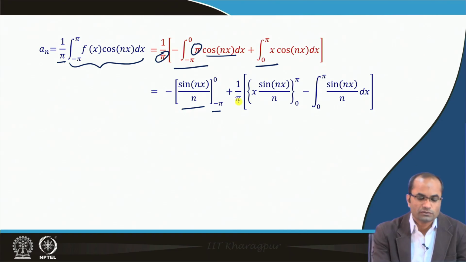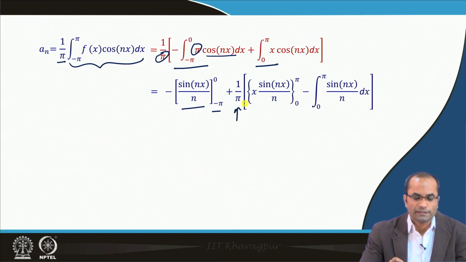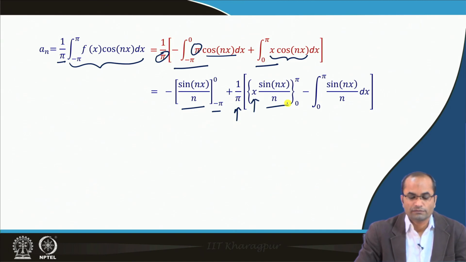For the second one, we have 1 over pi outside, and then we have to apply the integration by parts rule. So, here the x is there, and from the cos n x we will get sin n x by n, with the limits 0 to pi, and then minus the differentiation of this x, which will be 1, and then again we have sin n x over n, with the limits 0 to pi.